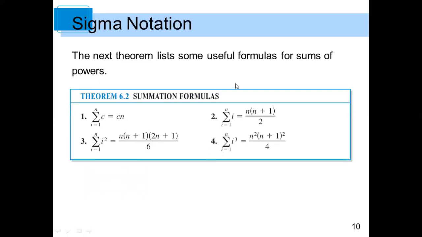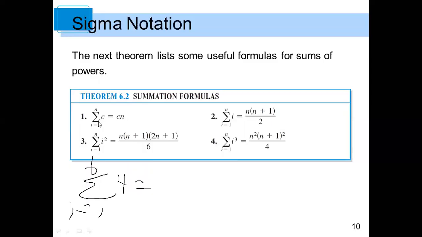Now here's some useful formulas for sums of powers, and you're going to want to use these as we progress through this section. This is the sum of a constant. Notice the index of summation is I, but C is the formula. So that would be like the sum of I equals 1 to 6 of 4.